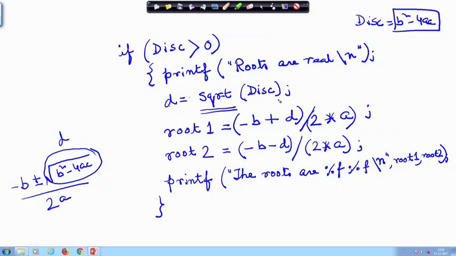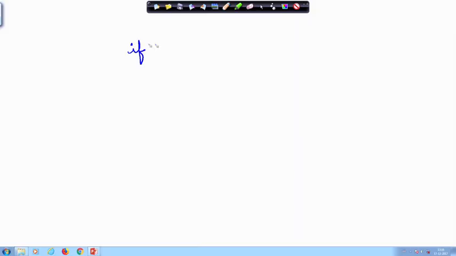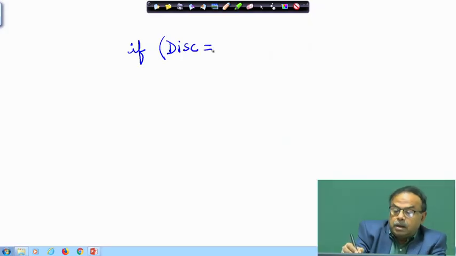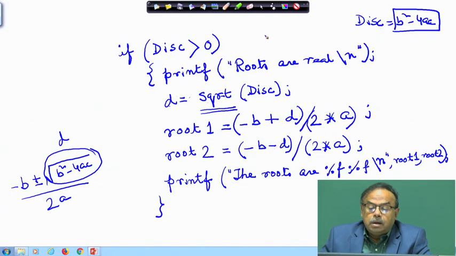Now, I do not need to find out this part. So, let me just show you this part and I will leave the other part for you. That second part, if disk, oh my God, what did I do here? Oh, this is all right, that is okay, greater than equal to.